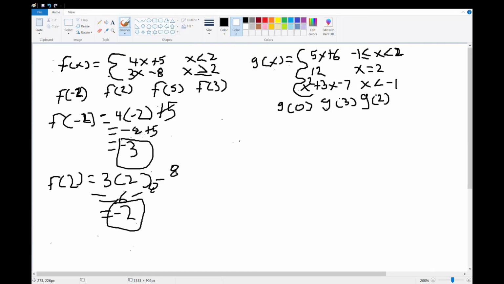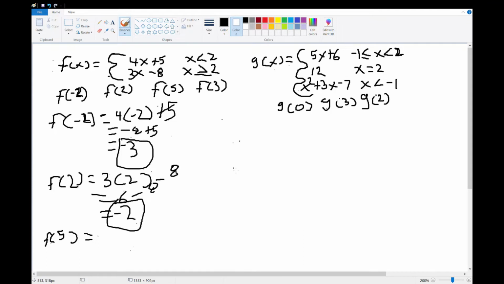Now what about f of 5? Let me write here. So we have f of 5 is equal to... which portion of the piecewise function should we use? We need to use 3x minus 8 again, because 5 is not less than 2. It's not a true statement. However, 5 is greater than or equal to 2.